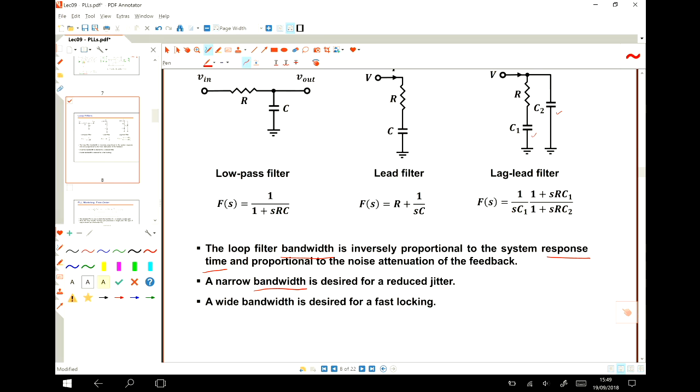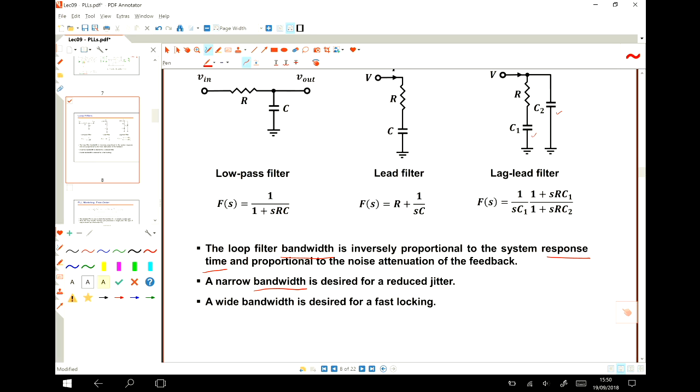But if we increase the bandwidth, then the output phase noise of our VCO is higher. Our VCO can lock to a frequency, but can change within the bandwidth of that loop. If we narrow the bandwidth, definitely the lock time is slower, but the jitter is also less.